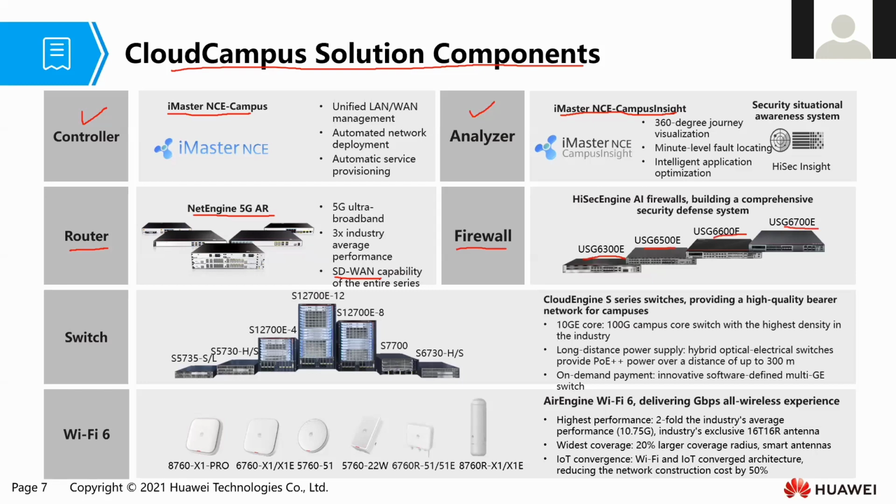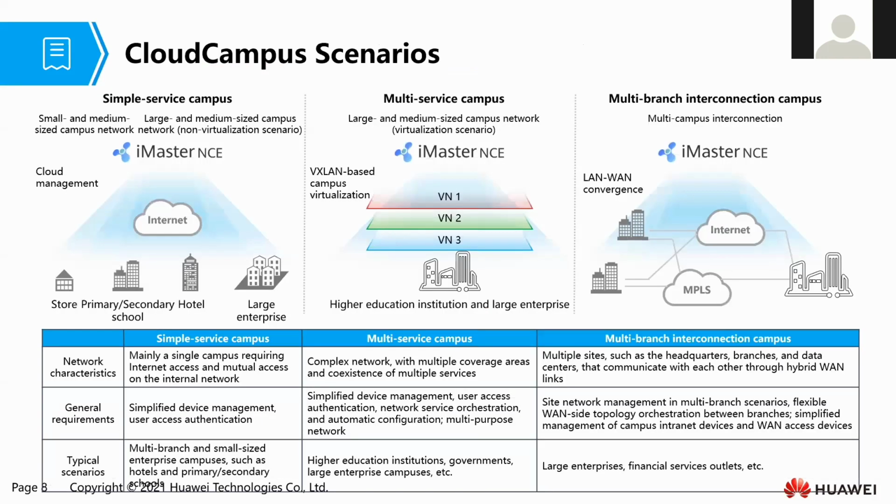For switches, we usually use the Campus S series switches to become the core, the aggregation (AGG), or the access switch. And lastly, for Wi-Fi 6, we have our AirEngine Wi-Fi 6 devices, which are used for the WLAN network. So these are all the components that we have inside the Cloud Campus solution.